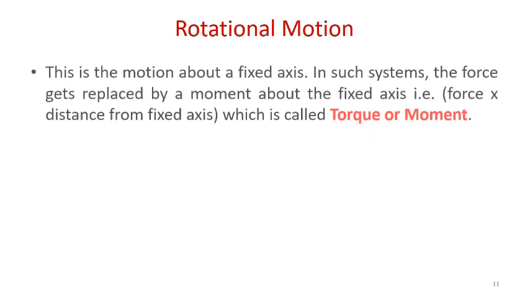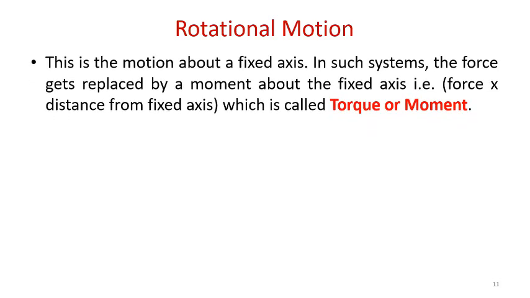Next, we'll talk about rotational motion. Rotational motion is a motion about a fixed axis. Loosening and tightening a nut, or opening the cap of a bottle, come under the examples of rotational motion. In such a system, the force gets replaced by the moment.